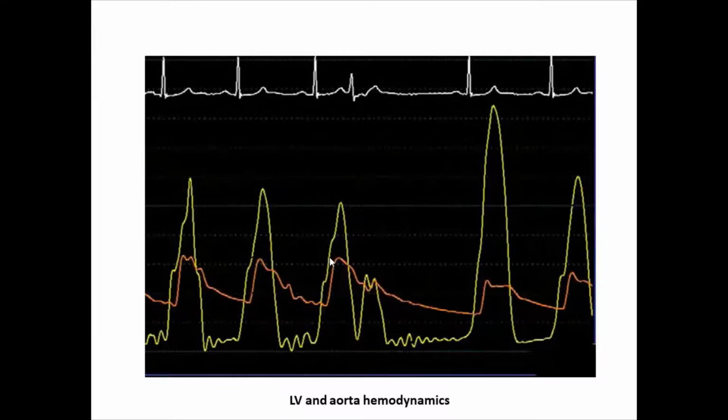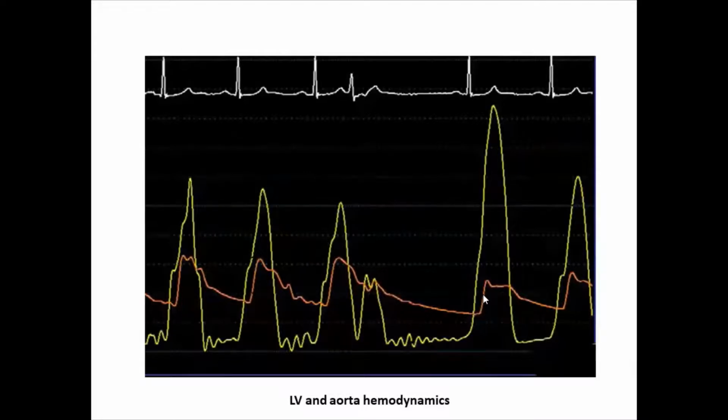Number three, what about the shape of the aortic hemodynamic tracing pre-PVC and post-PVC? Does it mean something for you? It goes more slowly. What about the overall shape of the aortic tracing? It takes more time.